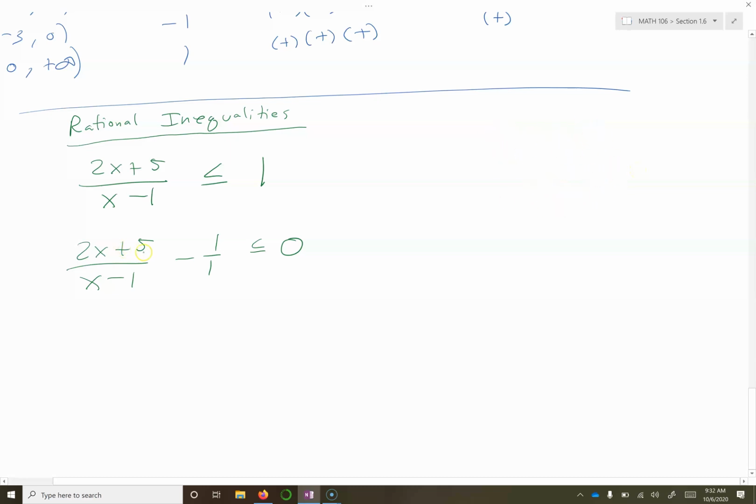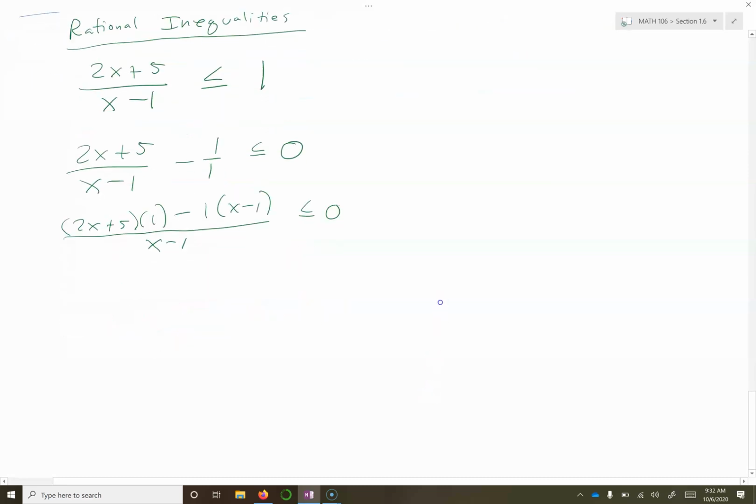So we're going to do 2x plus 5 times 1, which is really nothing, minus 1 times x minus 1, and then the product of the denominators is just x minus 1. All right? So you simplify the numerator. You have 2x plus 5 minus x plus 1 all over x minus 1.